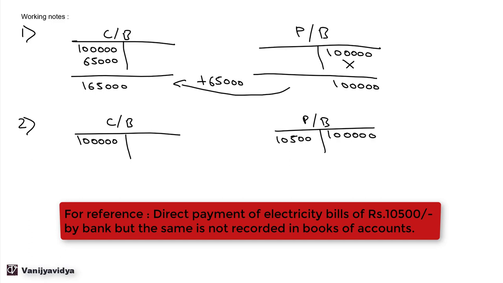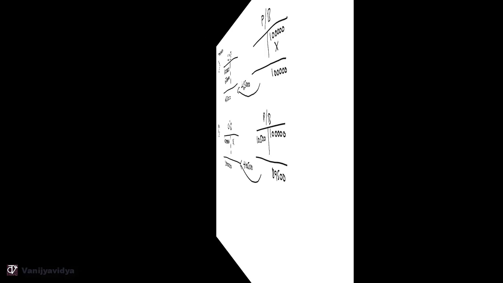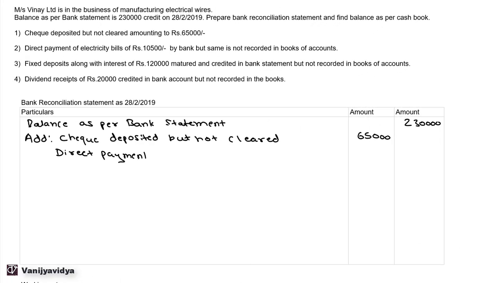The same is not entered in our cash book. Now balance as per cash book is 1 lakh, and balance as per passbook is 89,500. Now we have to move from passbook to cash book, so we have to add 10,500 in our bank reconciliation statement. Let's add this: direct payment by bank not recorded in cash book, 10,500. Now let's see the next transaction.